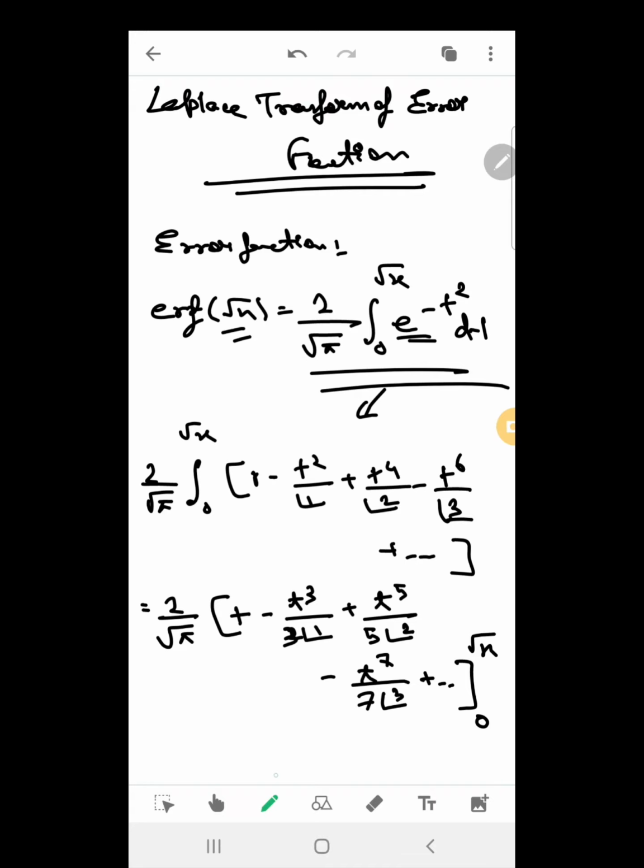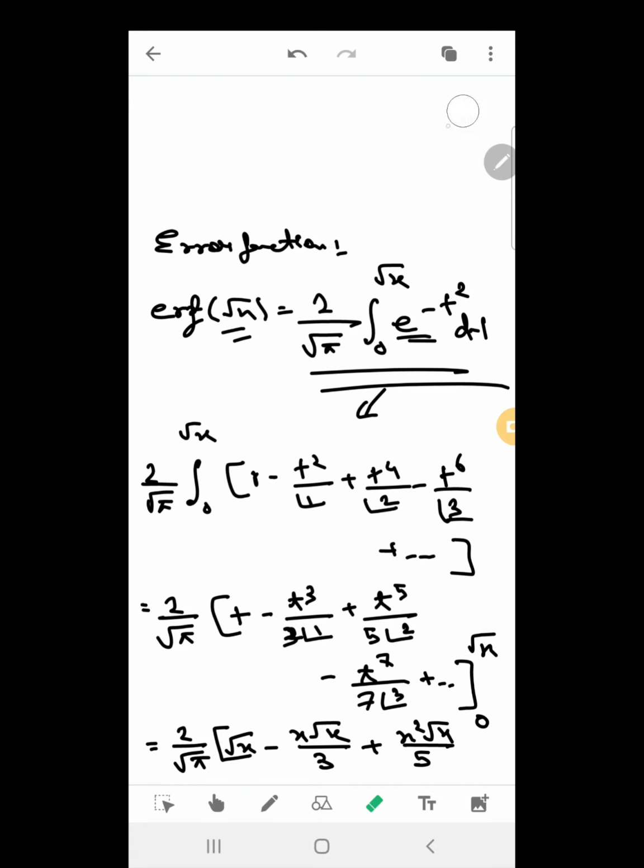Okay, so this basically becomes 2 over root pi times, this is root x minus x root x over 3 plus x square root x over 5, so let me erase this above portion.